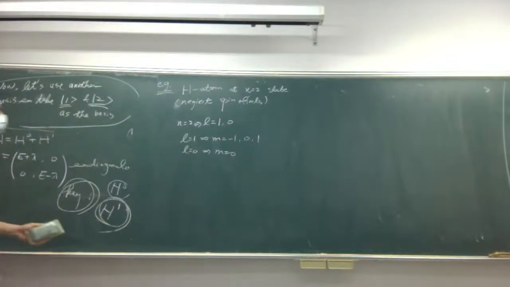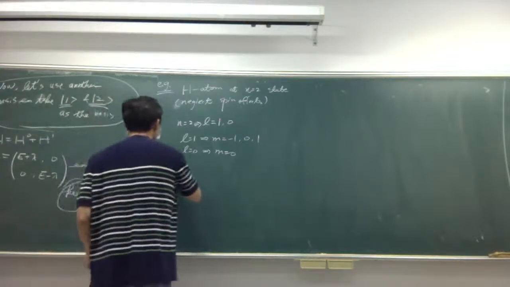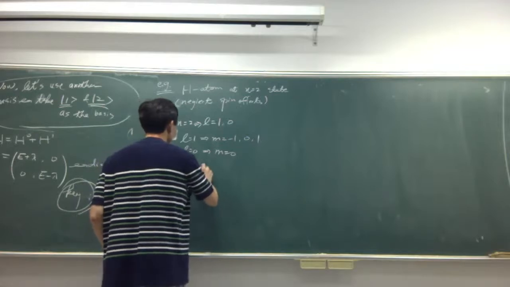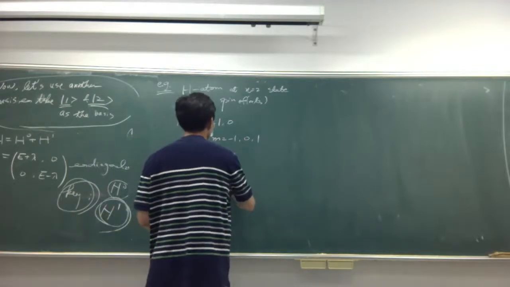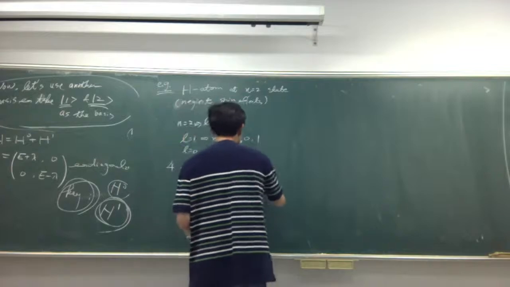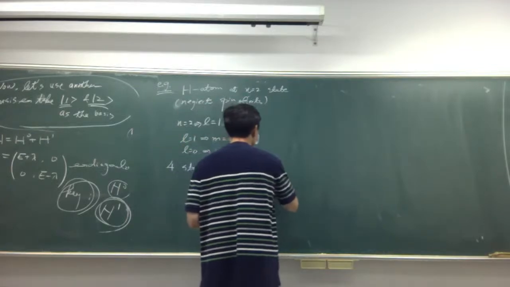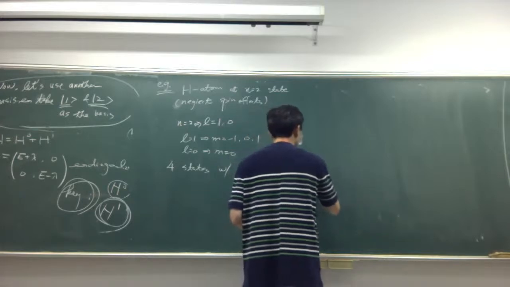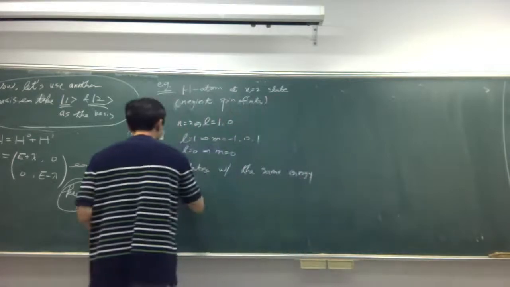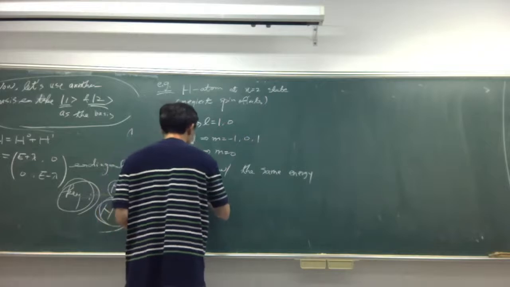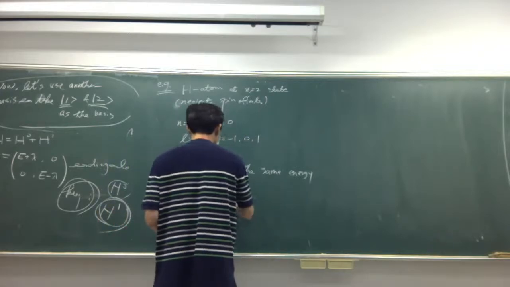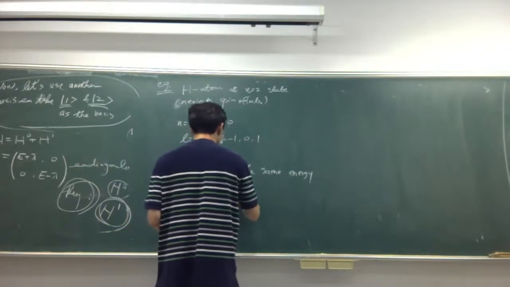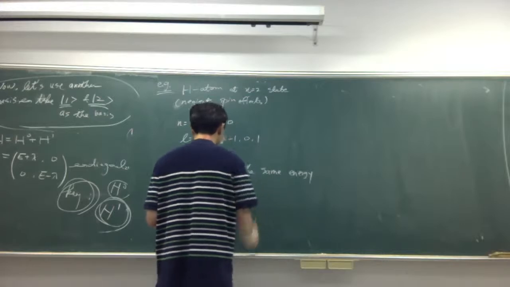So we have 4 states with the same energy, E2 equals -13.6 eV divided by 2 squared.